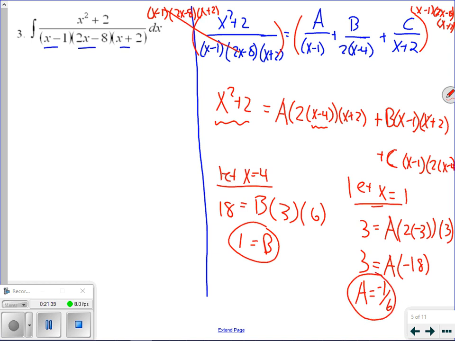And then lastly, we plugged in 4, plugged in 1. Is there another factor I can plug a number into? How about negative 2? What if I let x equal negative 2? I can solve for another variable.